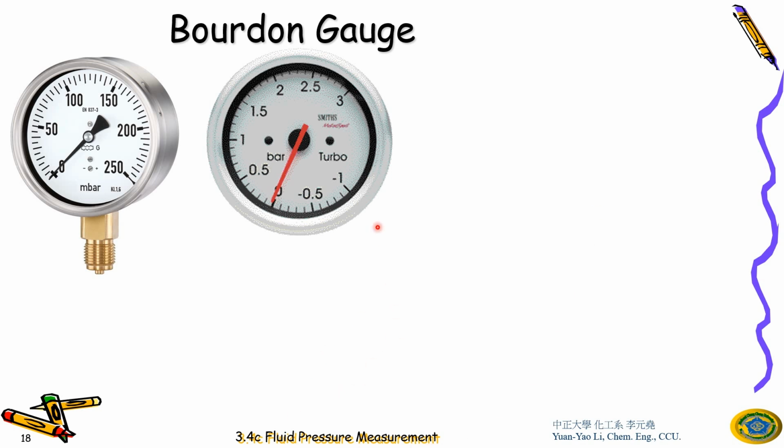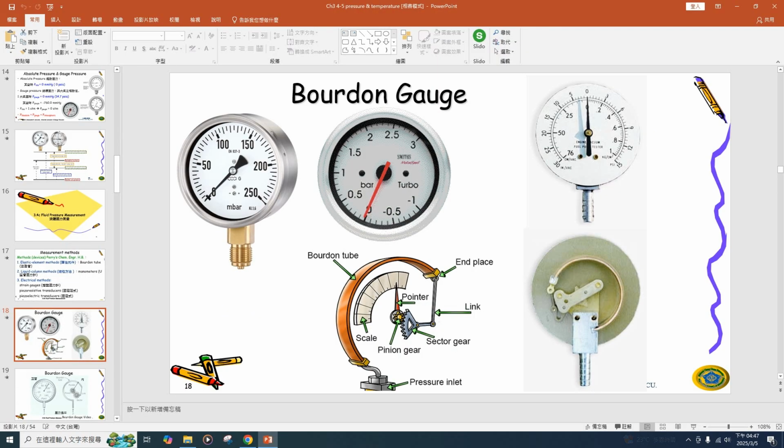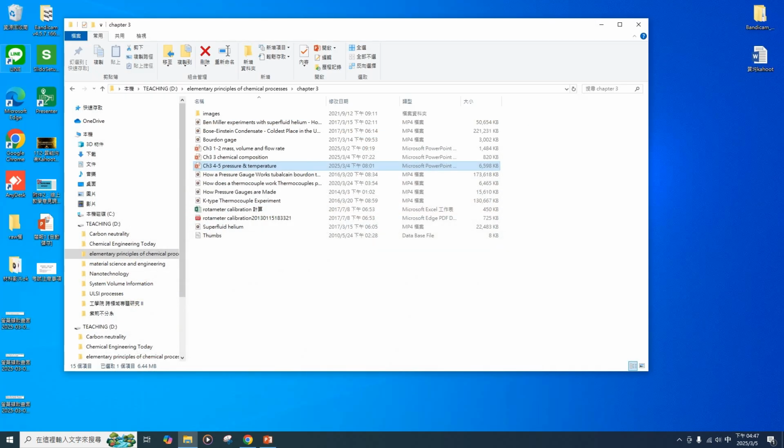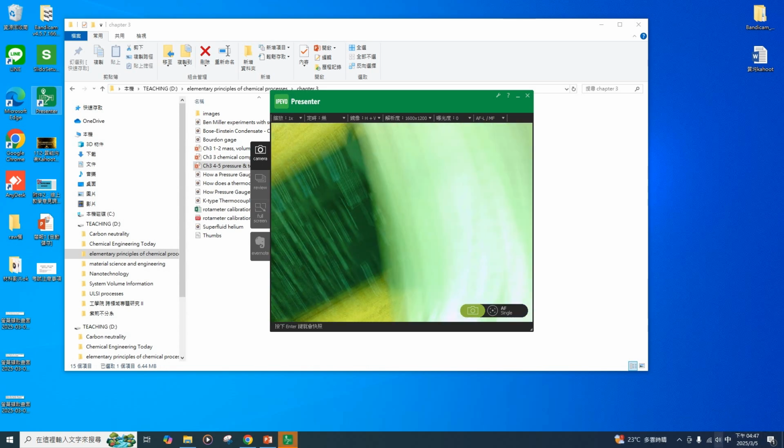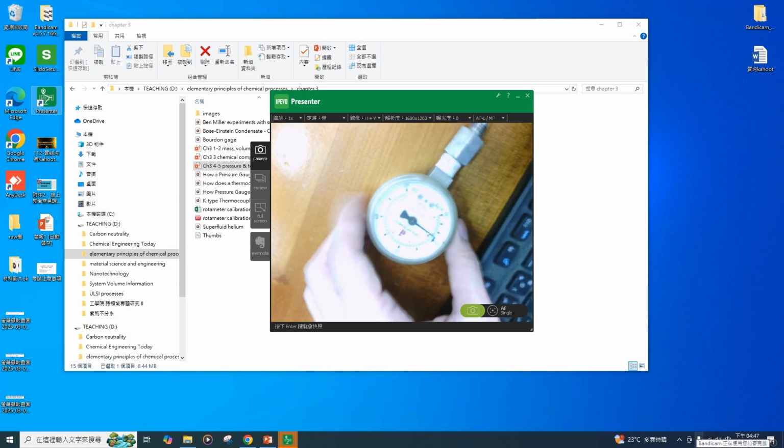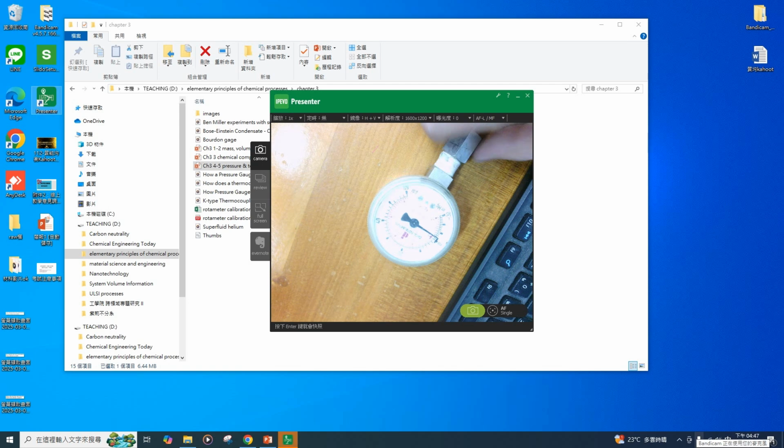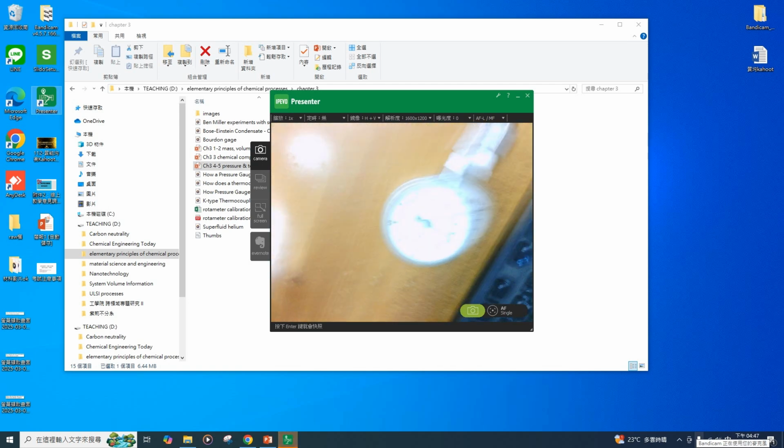this is called Bourdon gauge or Bourdon tube. As I can show you here, I want to show you. Can you see this? No?